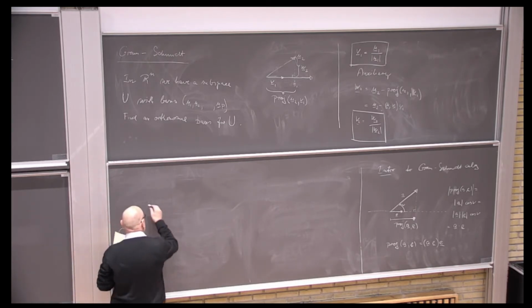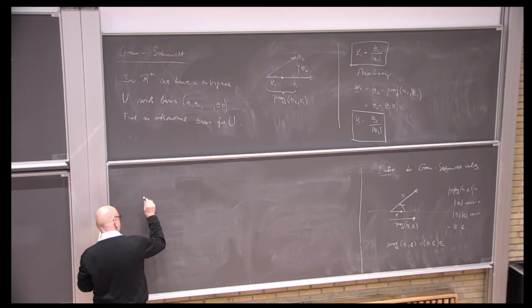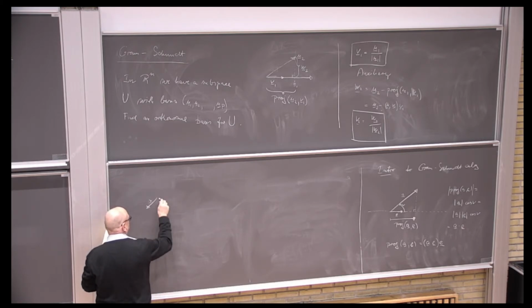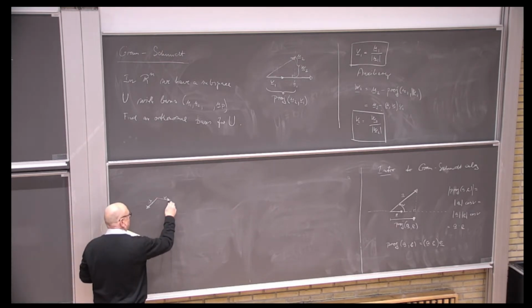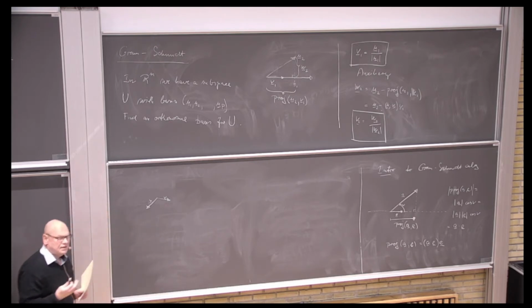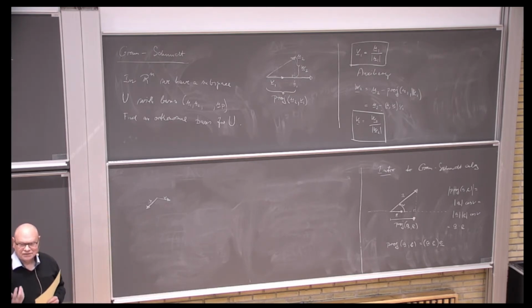So let me draw the two vectors I have found. That is, I take here V1, and here I take V2. These are unit vectors. And then I take the third vector.